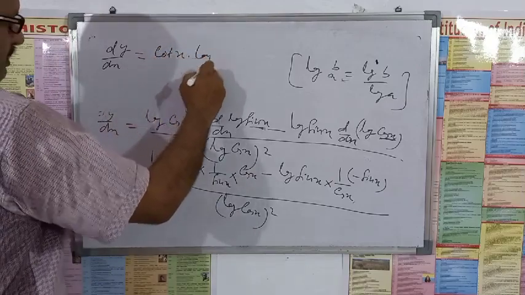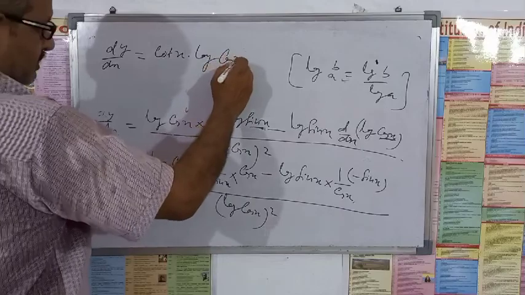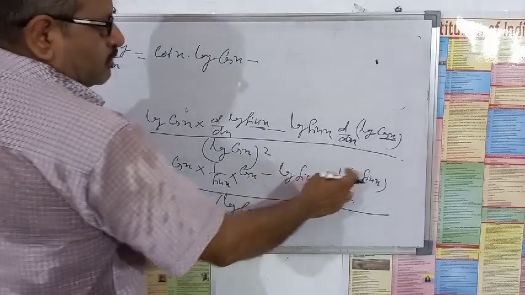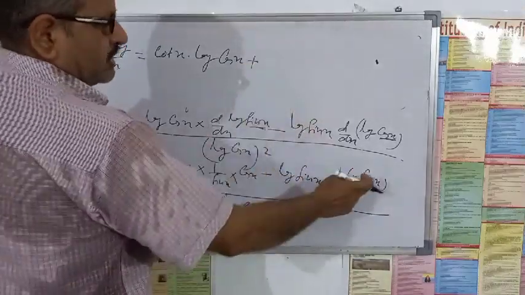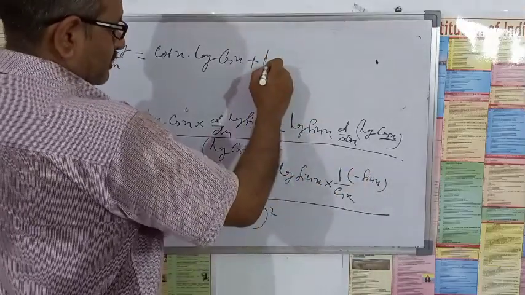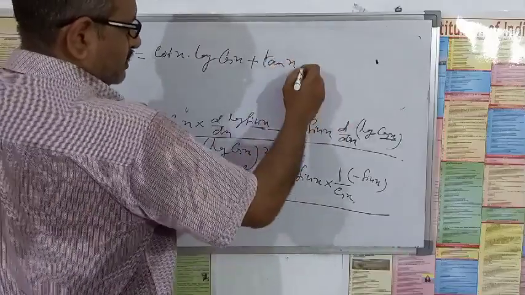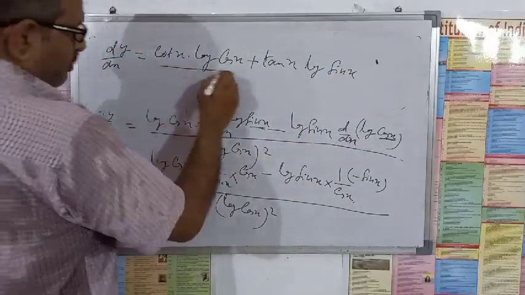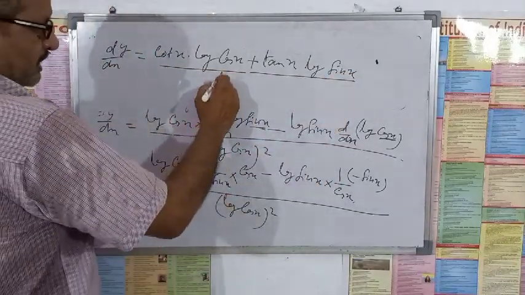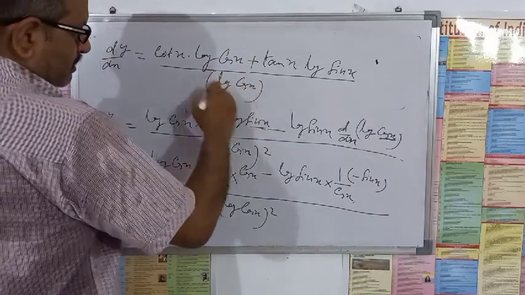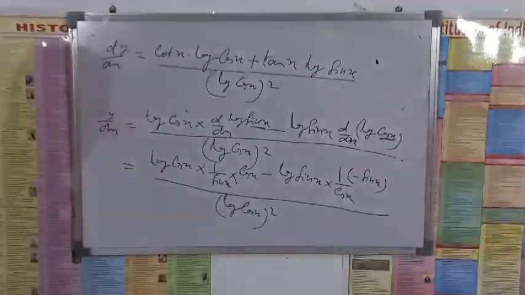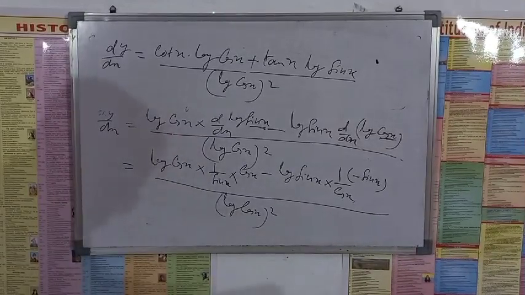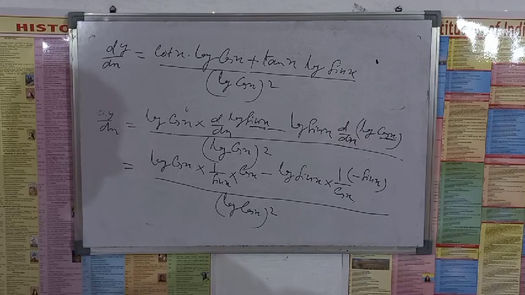Cot x into log cos x, minus, into minus, plus sin upon cos, tan x into log sin x, whole upon log cos x whole square. So this is the derivative of y is equal to log sin x at the base cos x.